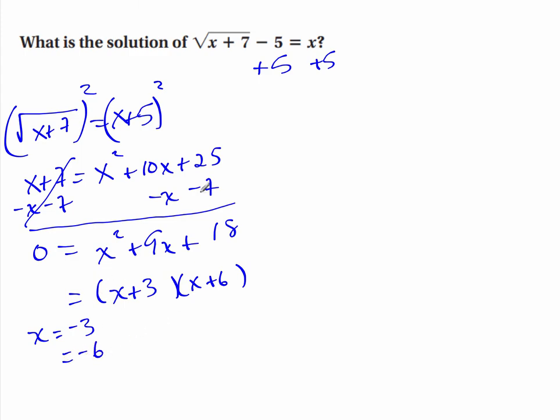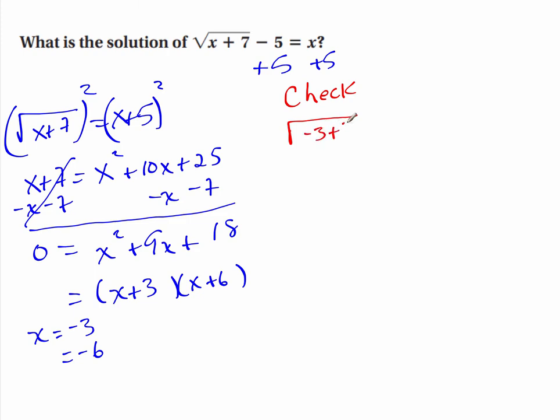Now, especially when you square and you've got an x term that you're squaring, you have to be really careful that you don't wind up with extraneous solutions. So we're going to go back to the original equation. Let me check this one in red. Let me plug in x is negative 3.